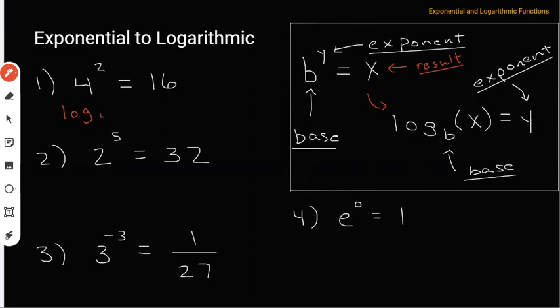So I'm going to make that into the base of the logarithm. Now inside the parentheses, I'm going to have the result, and the result from this one was 16. So I'm going to put that on the inside. And then I write my equal sign, and on the other side of the equal sign, I'm going to have my exponent, 2.